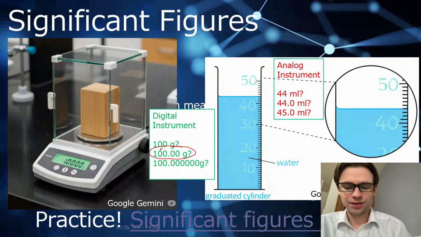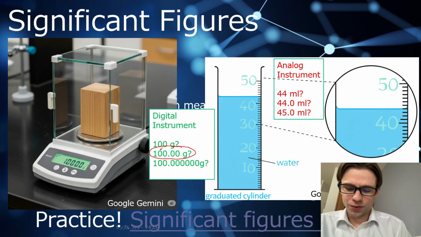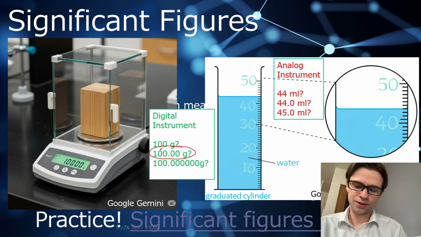Again, this was made with AI, so there's some wonky bits, but if we just consider that 4 lines above the 40 line, 1, 2, 3, 4, is basically where we find our water. But do we write this as 44 milliliters, 44.0, 45.0? Because the little dip there at the edge does go up to 45.